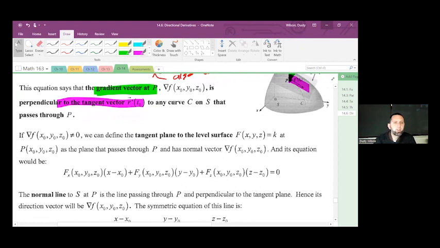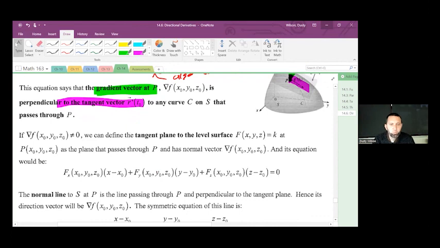So if the gradient of f at x naught, y naught, z naught doesn't equal 0, we can define the tangent plane to the level surface big F of x, y, z equals k at P, the point x naught, y naught, z naught, as the plane that passes through P and has as normal vector the gradient of f at x naught, y naught, z naught.